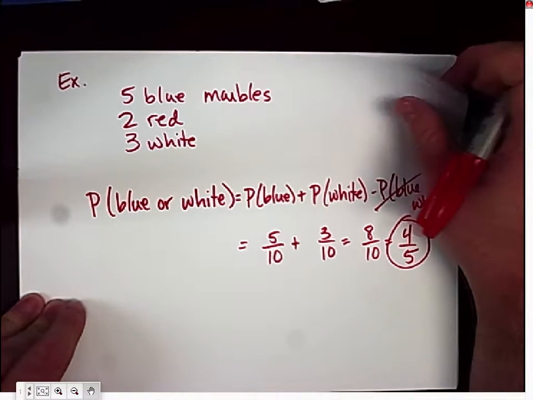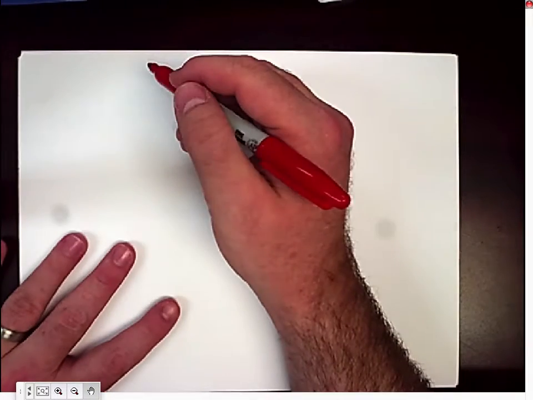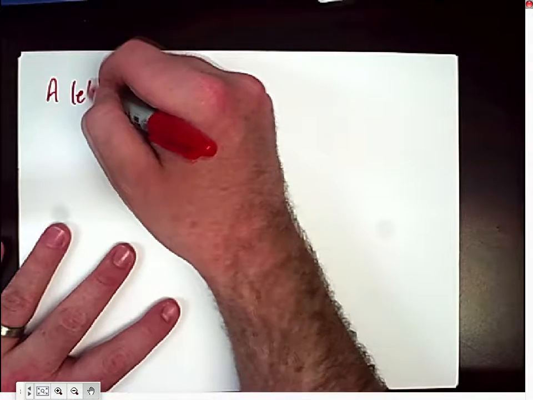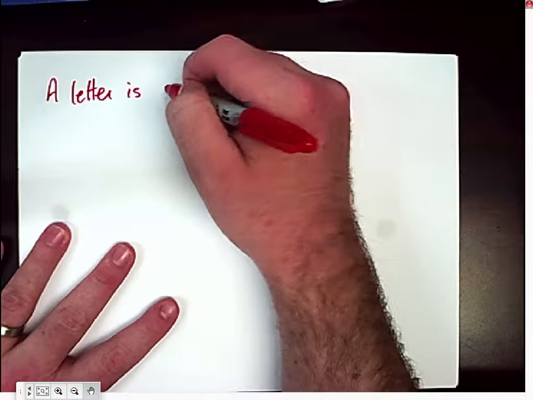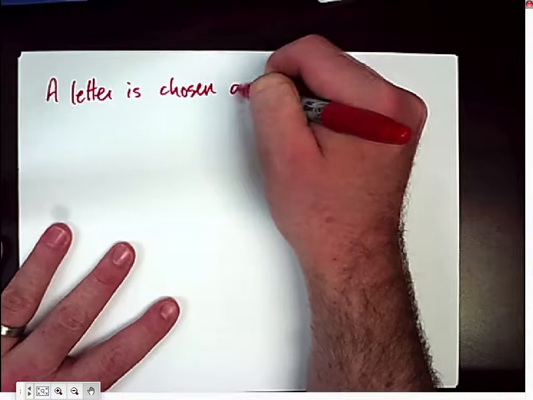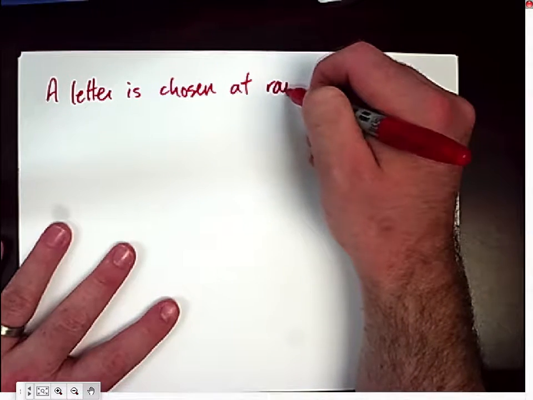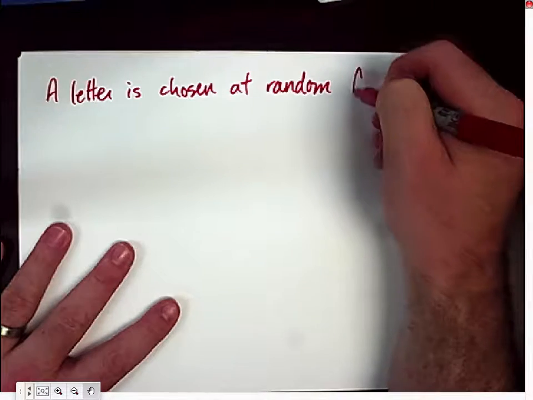So let's do one that's a little harder. Okay? A letter is chosen at random from the alphabet.